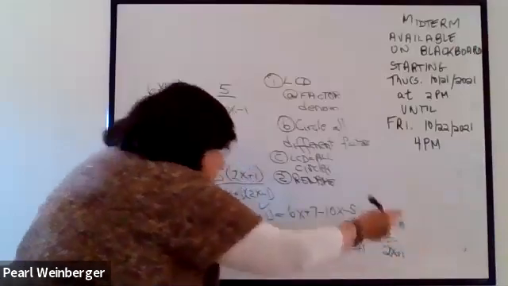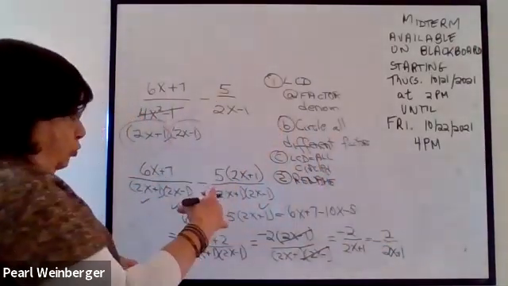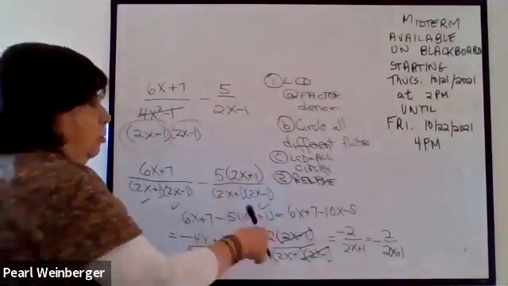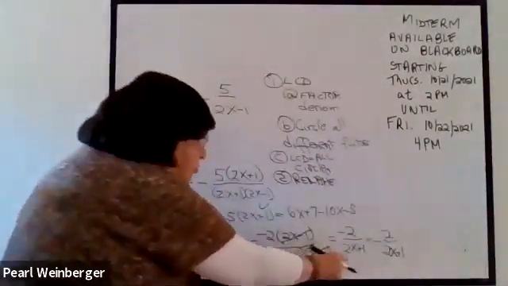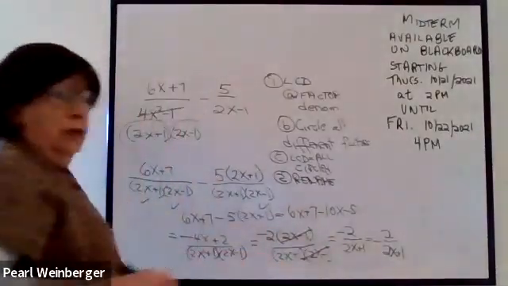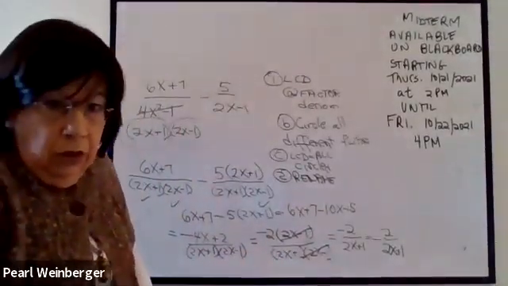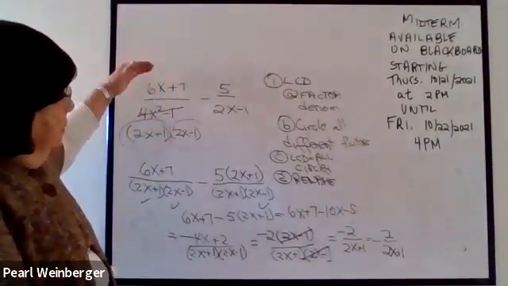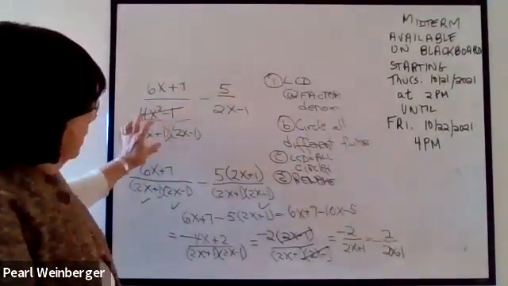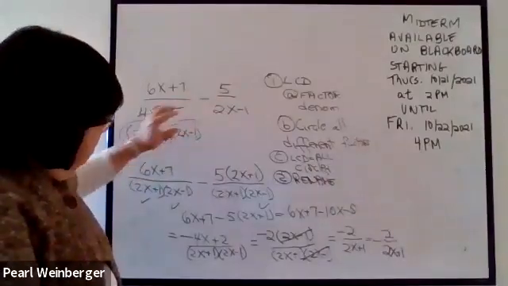Any negative that applies to the whole numerator or to the whole denominator can be put in front. Either of these answers are perfectly good, but that's how we have to do it. We have to find a common denominator by factoring everything.